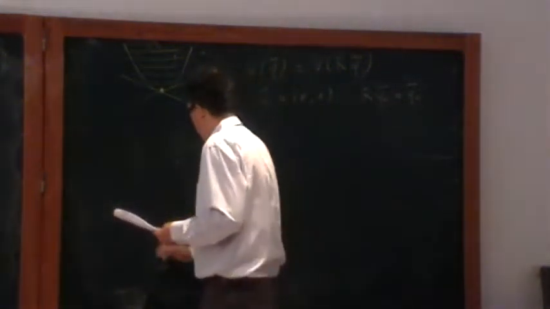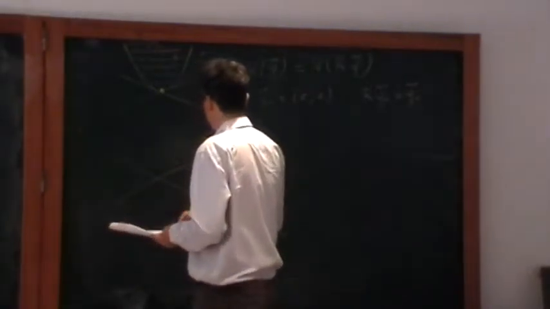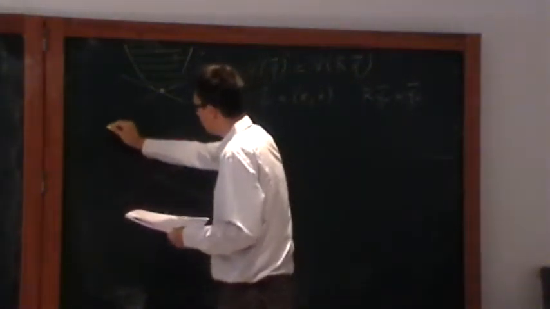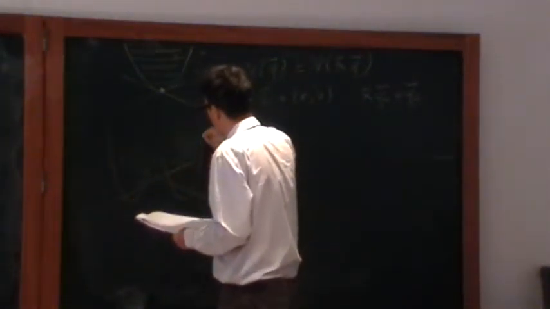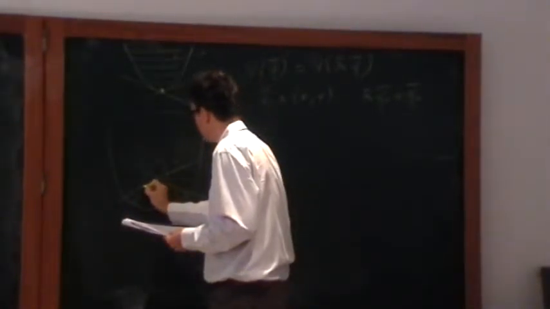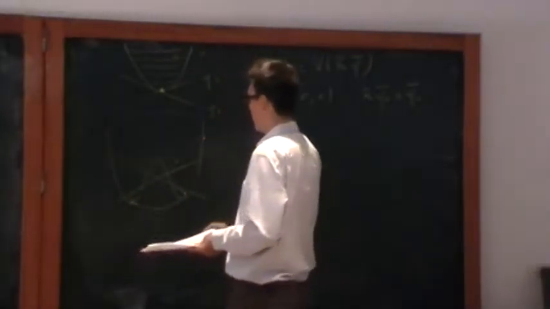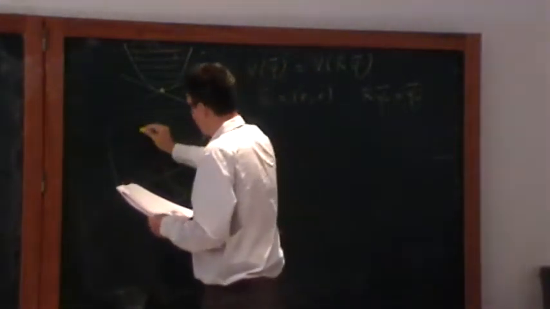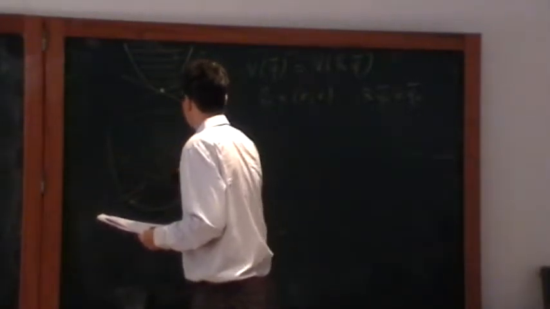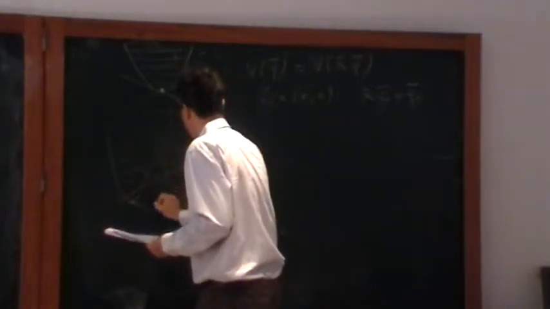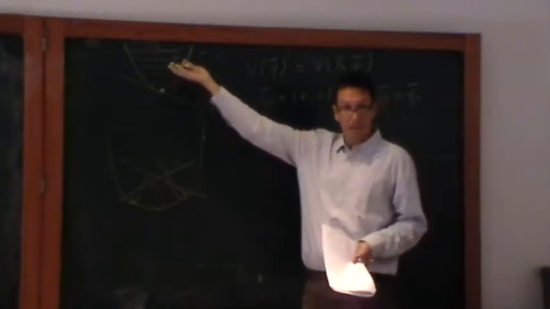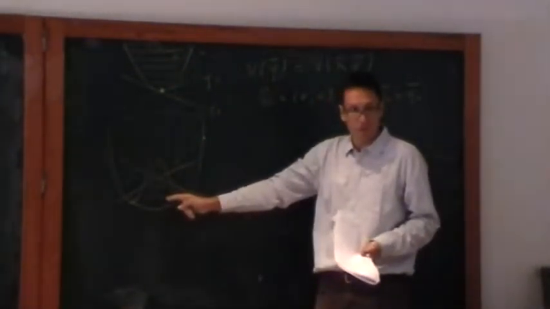Now, there may be other cases where the same potential is still invariant by rotation but has a different shape. And it is something like that. Okay, this is the Mexican hat. So basically now, instead of being a parabola, it's just like the bottom of a bottle.